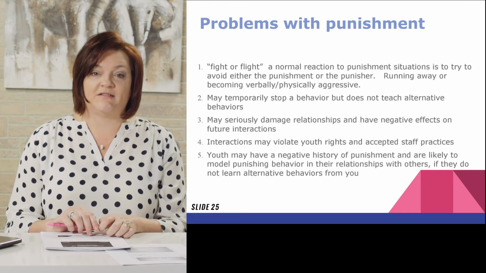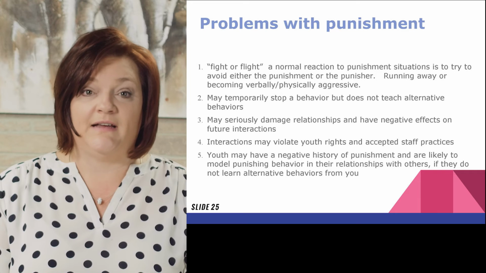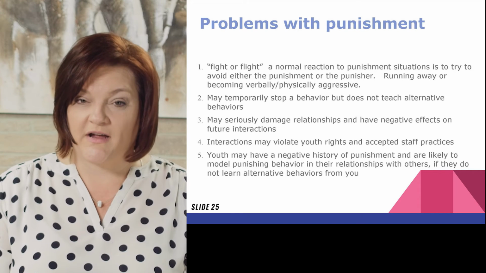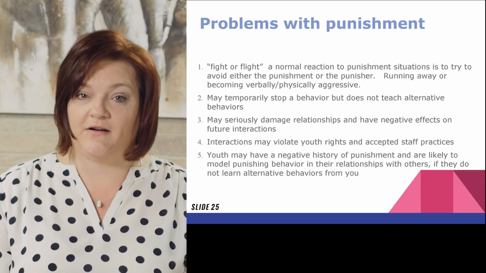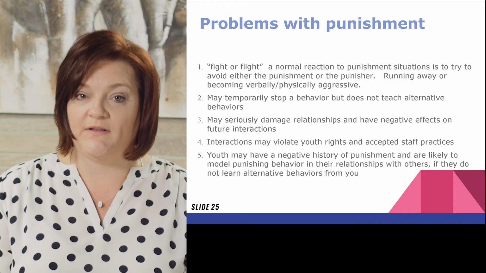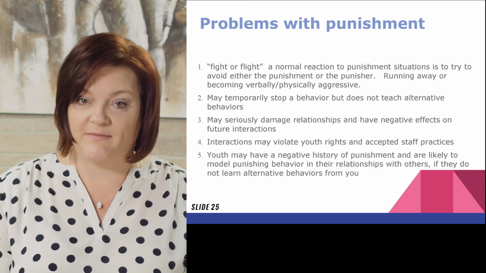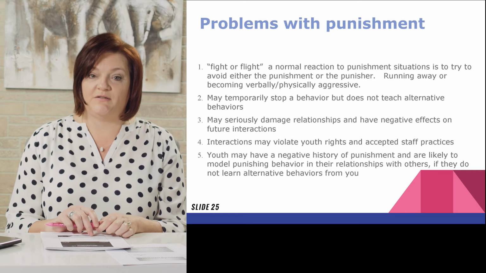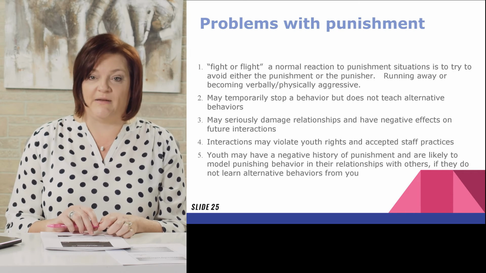Again, it's that external motivation versus an internal motivation. If, as an adult, I can force a child to get them to do what I want them to do, I am not changing their heart and I am not changing their mind. And I am making it more likely that they will hide things from me, that they will lie to me, and that they will try to get out of being punished through negative means.